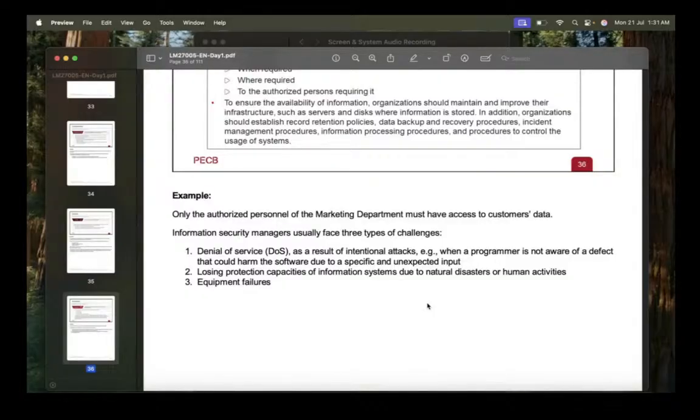Then we discussed integrity with the example of the finance department, how the integrity of data matters. And at the third point, we discussed availability with the help of the marketing department.